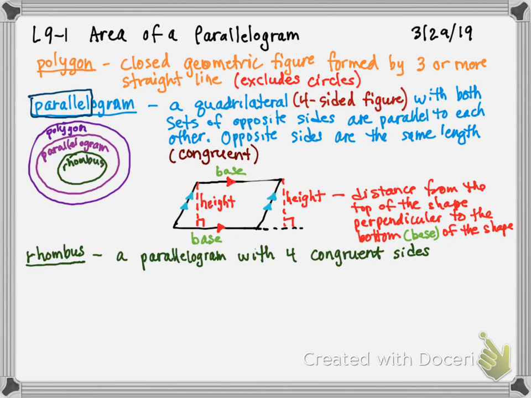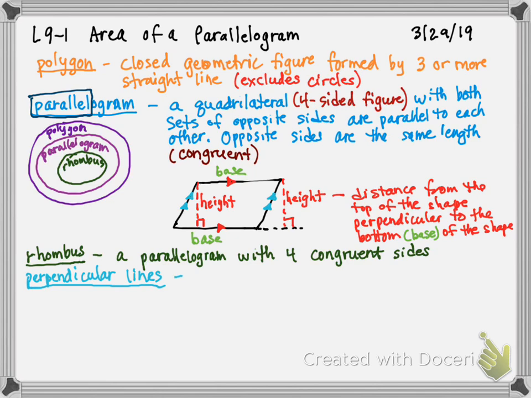Now, we just mentioned that the height is perpendicular to the bottom of the shape, so let's talk about what perpendicular lines are. Now I'm going to be showing you a couple of magic tricks, not in these notes, but live on Monday when we talk about this video, so be prepared, all right?